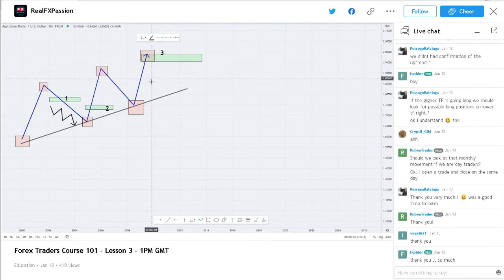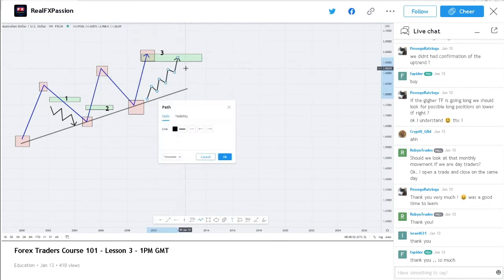Okay, why? Because on a smaller time frame, everybody, what is happening? When the market is near the downtrend line, the market is making higher highs, higher lows, higher highs, higher lows, right? And we would buy number 3.